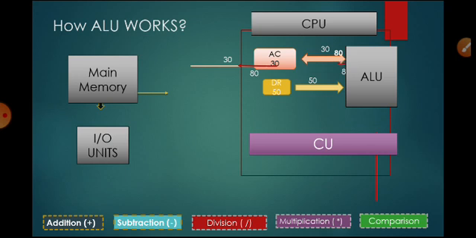Now the second number is 50. 50 is also stored in another register named as DR, data register. Now the next step is the data 30 and 50 is now sent to the ALU.